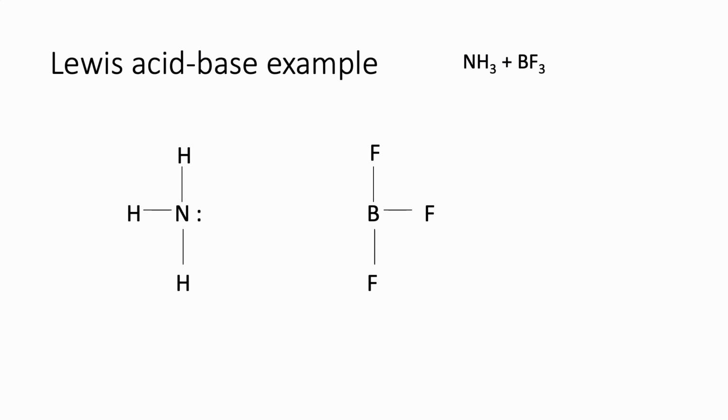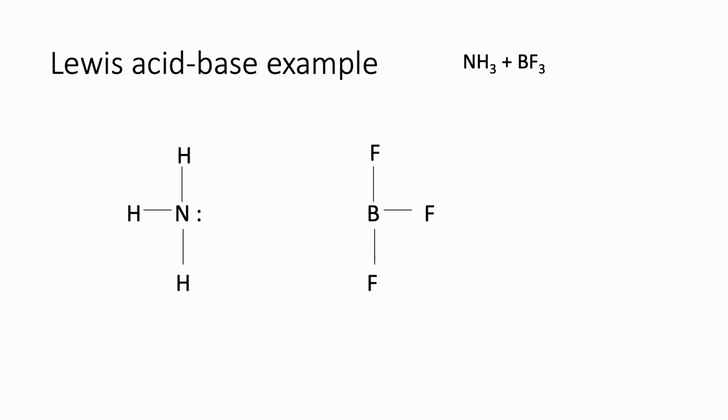One of the classic reactions between Lewis acids and Lewis bases is the reaction between ammonia and boron trifluoride. In this case, ammonia is the Lewis base because it has that non-bonding pair. And if you think way back to when you did molecular geometries, boron trifluoride is one of those weird exceptions to the octet rule in that it has an empty orbital that could be filled.